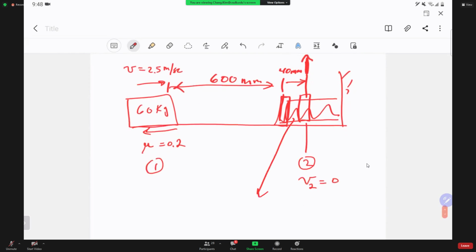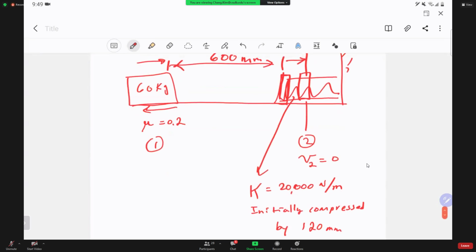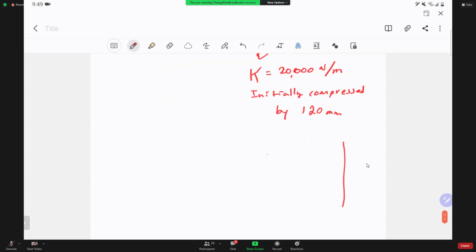Now, the information on this spring is given as follows. The K, the spring constant, is 20,000 Newton per meter. And this spring is initially compressed by 120 millimeters. What this means is, if I have a spring here at its free length, nothing happens.